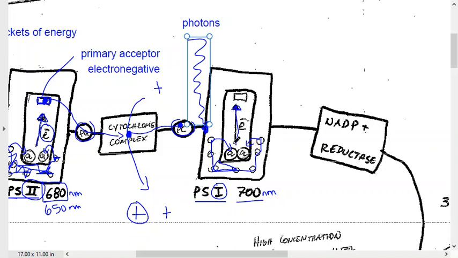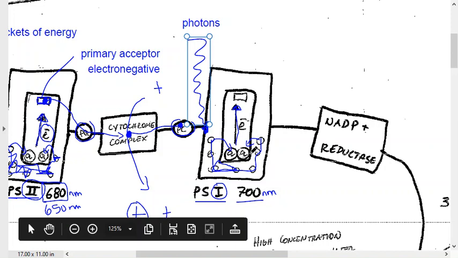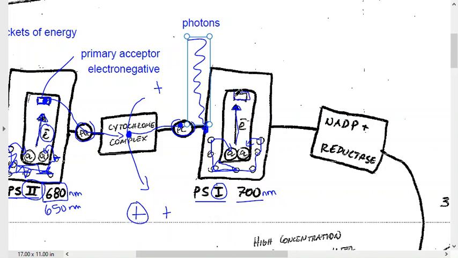The sum of all of these electrons bouncing around and accumulating here in the reaction center in the middle result in an electron getting kicked up into this primary acceptor, just like in photosystem 2. So again, if you want to label that, that is a primary acceptor, just like we saw before.